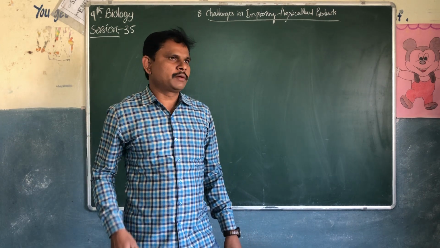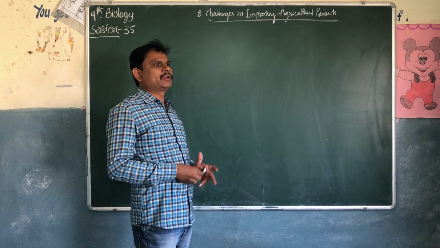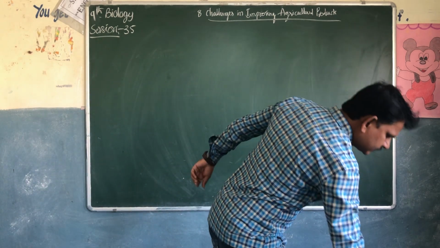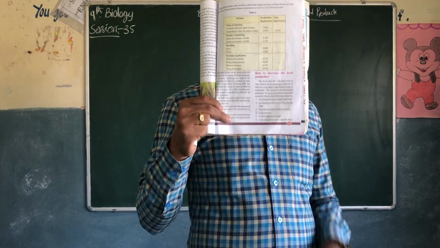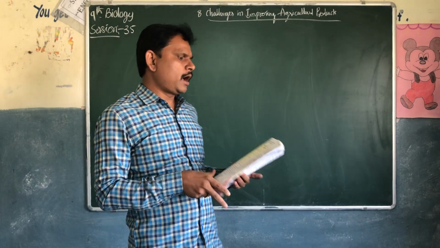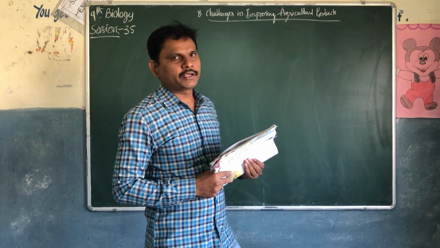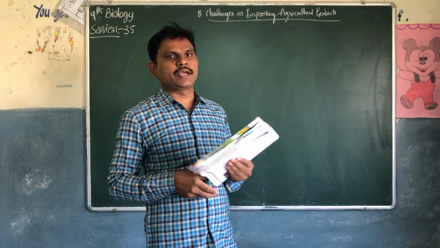There they have given one table. We have to do some calculations. This is the table on page number 107. We have to observe very carefully and analyze these tables.